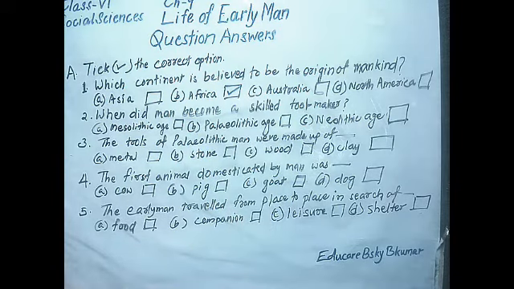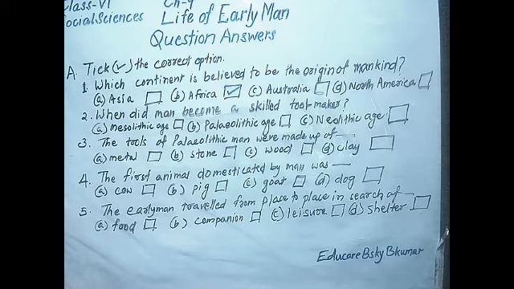Next, 2. When did man become a skilled tool maker? There are 4 options: Mesolithic, Paleolithic, Neolithic, and D. So the answer is the Neolithic man.